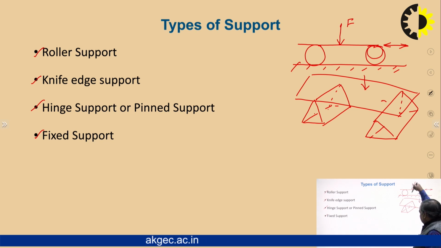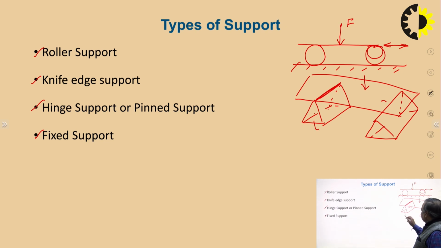This will not allow this plank to move downward, but this contact is a line contact. That's why this is called knife edge type. So this is called knife edge support.